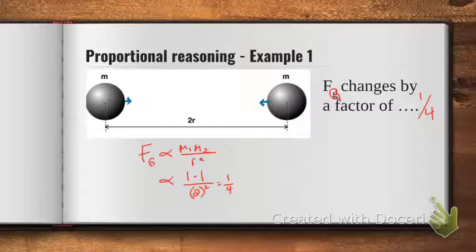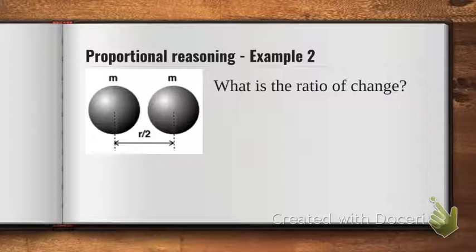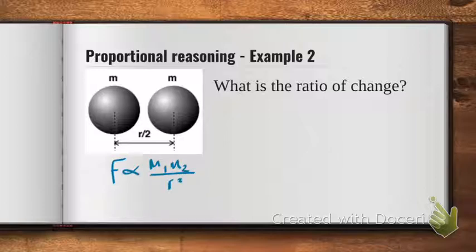Next up. So now, from the first scenario, we're not going to double the distance, we're going to cut it in half. So what's our ratio of change? Set it up the same way. Force is proportional to m1, m2 over r squared. What I am showing you with this process is how you'd be answering it in a free response where you have to show why something is the way it is. Alright, so 1 is our coefficient of mass 1, 1 is our coefficient of mass 2, and now 1/2 is our coefficient of our radius, which means it's 1 over 1/4.